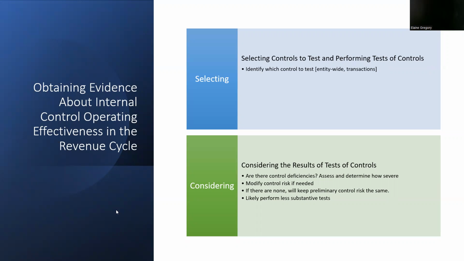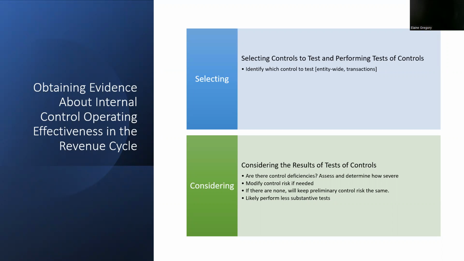Again, when we're obtaining evidence about the internal control, we have to select which controls we're going to test and the performing of those controls. Are we looking at entity-wide? Are we looking at transactions? Which control are we going to test? And finally, consider the results of the tests of those controls. Were there any control deficiencies? How severe were they?